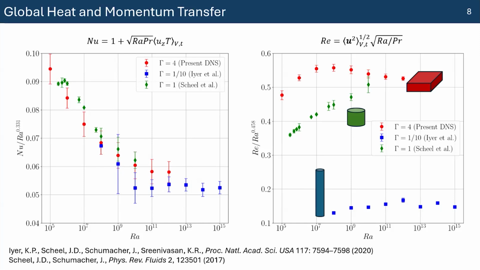On the left, we look at Nusselt number scaling. It is a well-known result in thermal convection that with Rayleigh number, Nusselt number will also increase. However, there's a specific law by which Nusselt number increases with Rayleigh number, and that is Ra power 1/3. So that's why we have plotted compensated plots where we have divided Nusselt by Rayleigh power approximately 1/3.